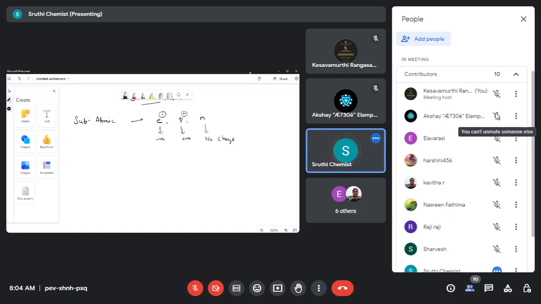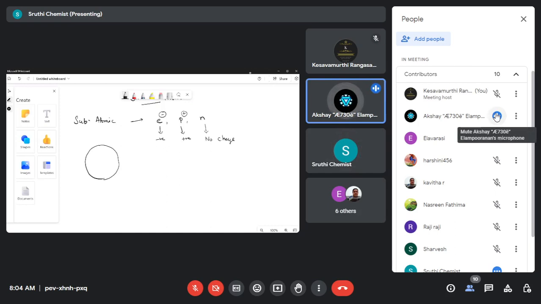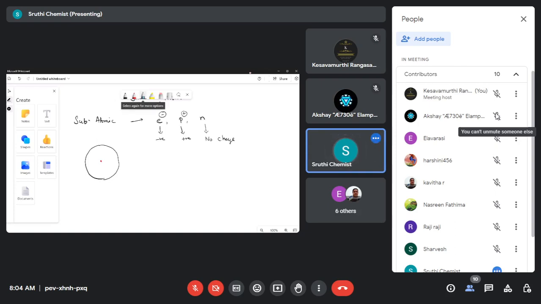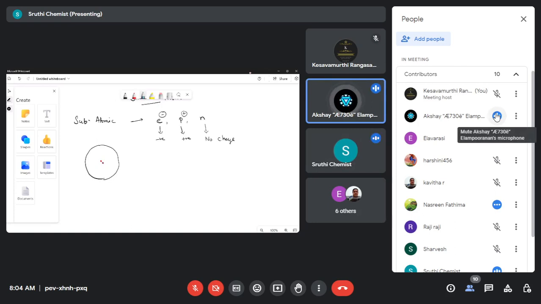Now, the shape of an atom is a sphere. Where are the protons located? Protons and neutrons are in the center as nucleus, ma'am. Very good. Then where are the electrons located? Around the protons and neutrons, constantly revolving, ma'am.